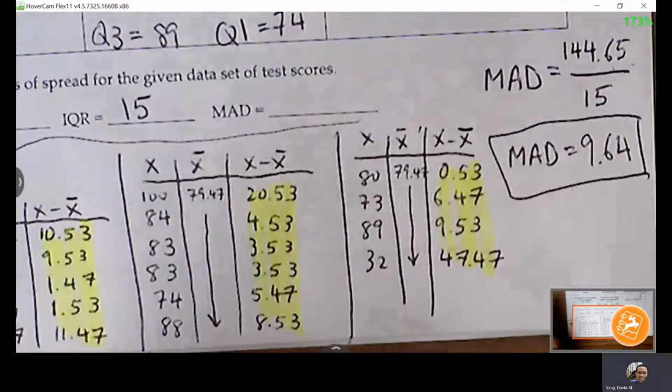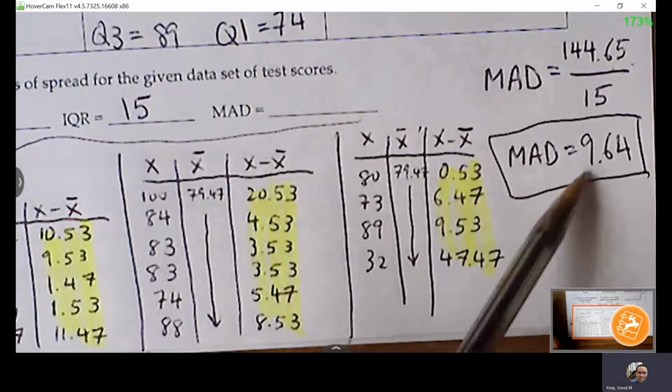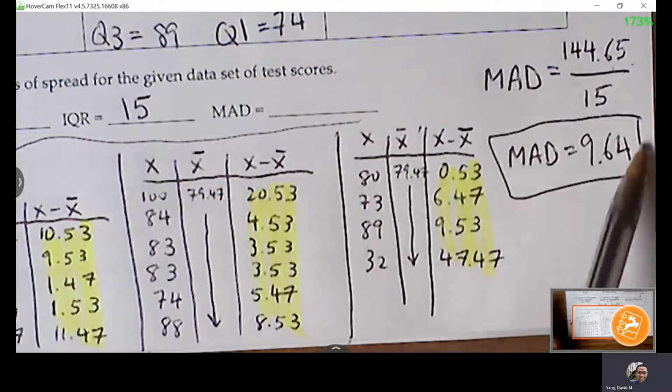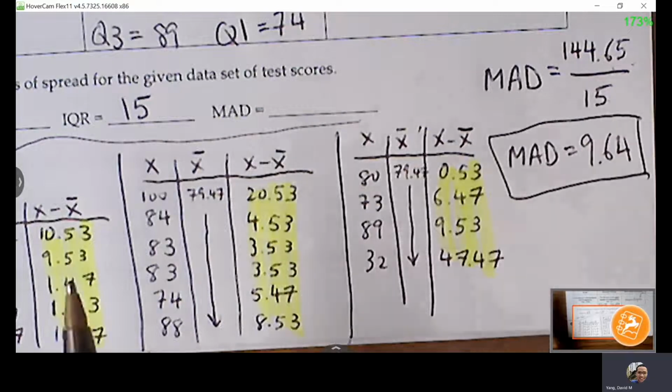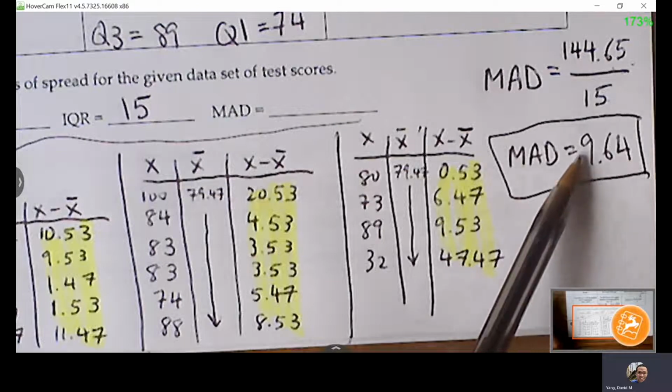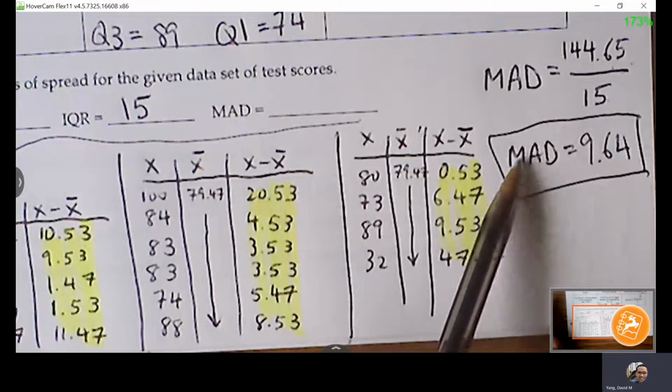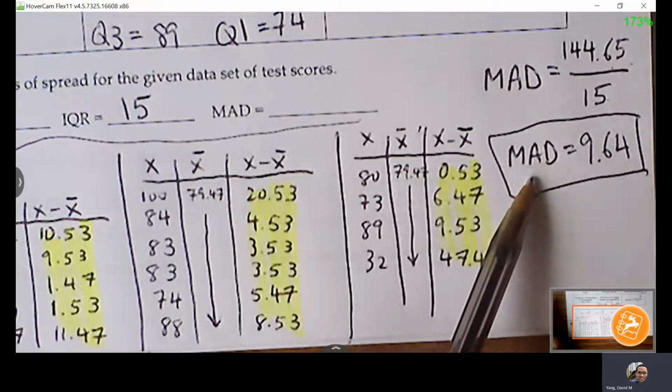So it tells us that on average, students are scoring about 9 points away from the mean, which means that it's kind of spread out, right? We have students scoring all the way down. The spread goes from 32 to 100. If there's more consistency, then your mean absolute deviation will be smaller, right?